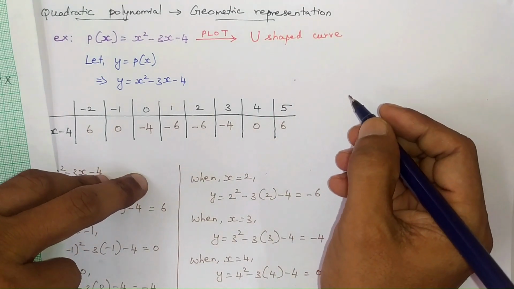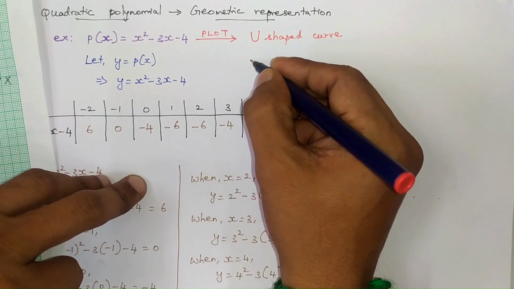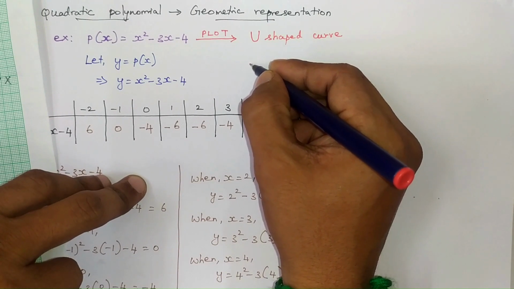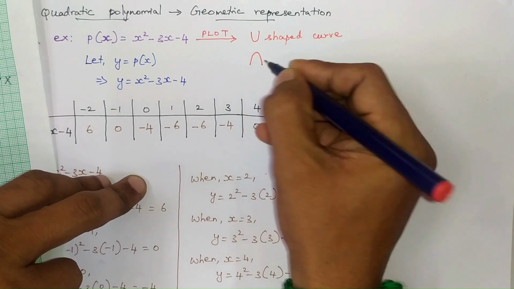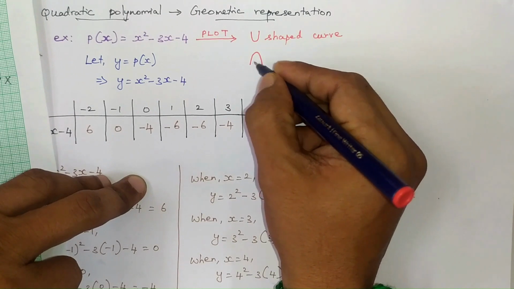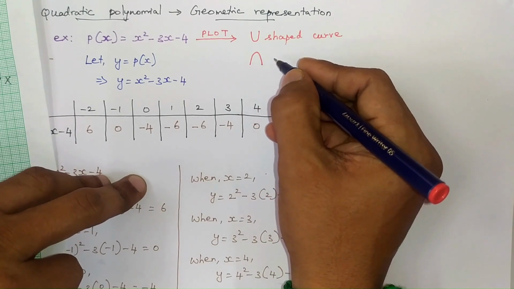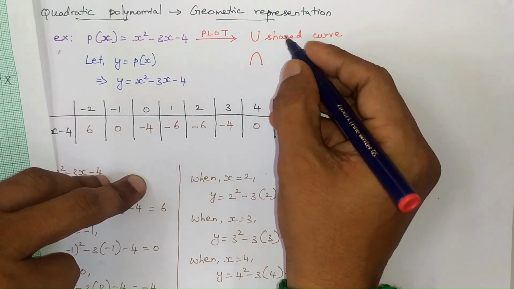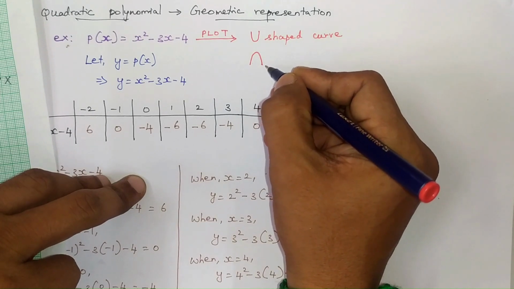Sometimes we will get an inverted U-shaped curve also. This type of curve also we will get. So it is like a U-shaped or an inverted U-shaped.